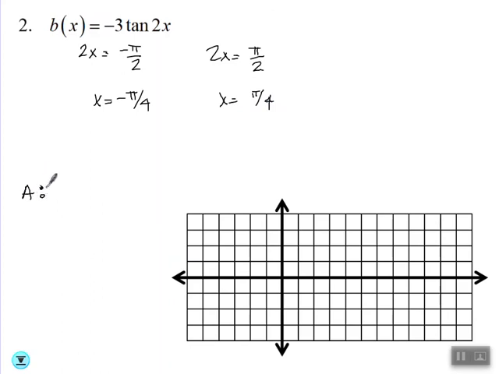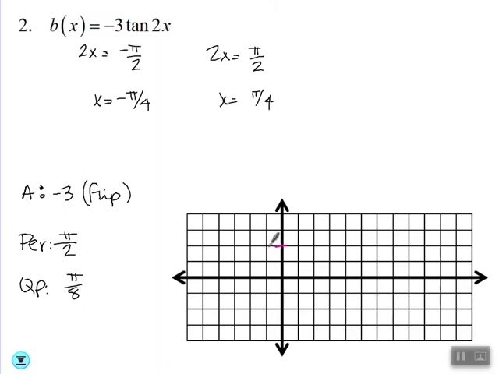Our a value is negative 3, which means we are going to flip the graph. The period is pi divided by b, which is 2. So the quarter period is pi over 2 divided by 4, or pi over 8. And we have no horizontal and vertical shift in this graph.